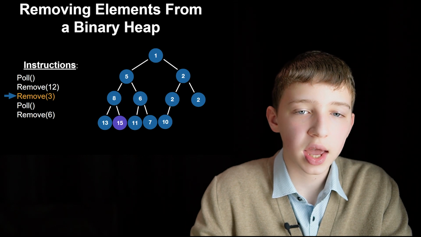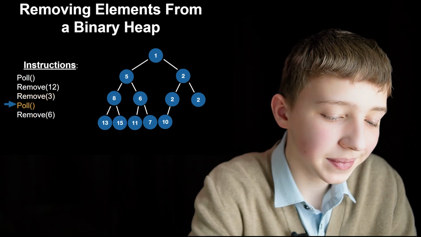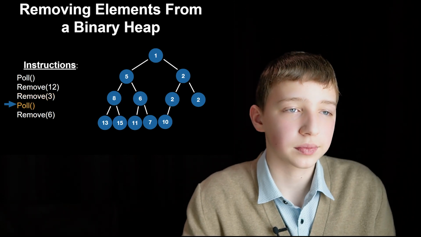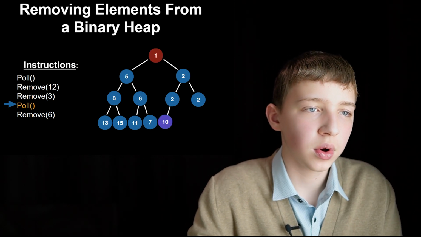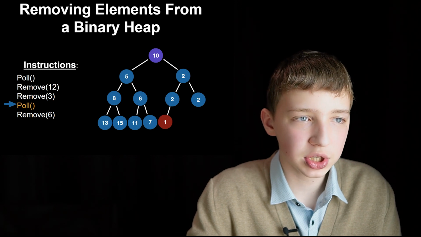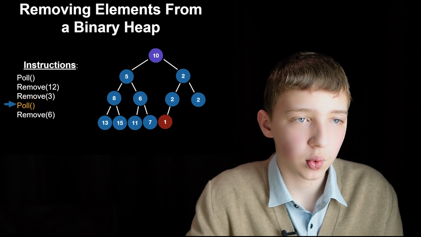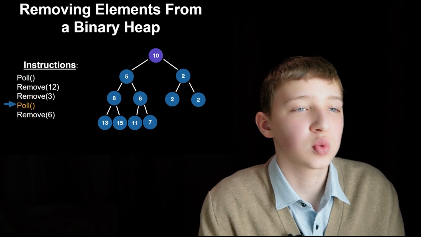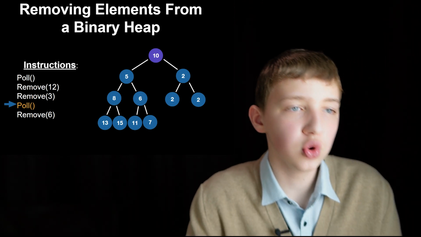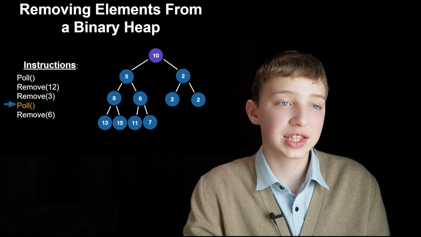We remove the root node, and so we're swapping 1 with 10, the node at the last position, and removing 1, and then we're swapping it with 2, since 2 is less than 5.